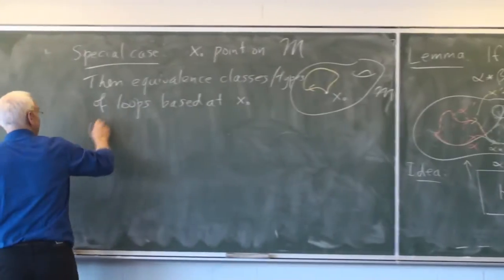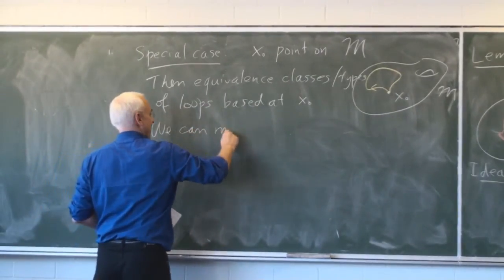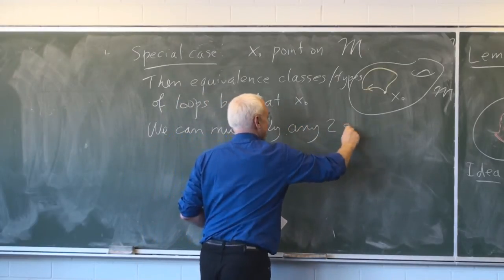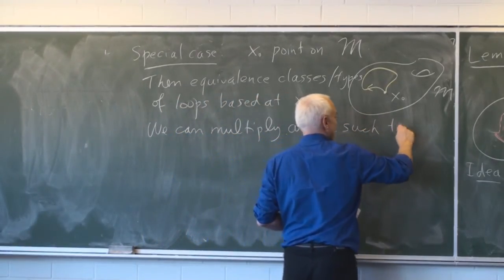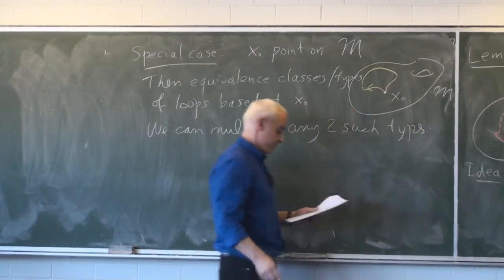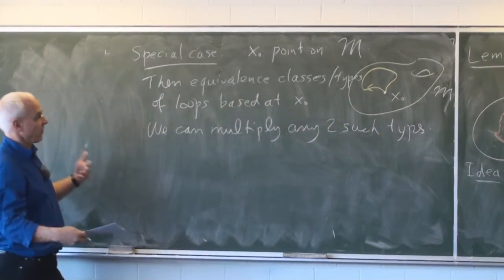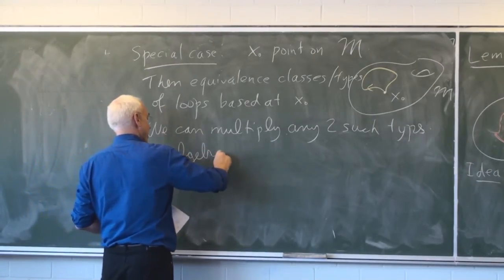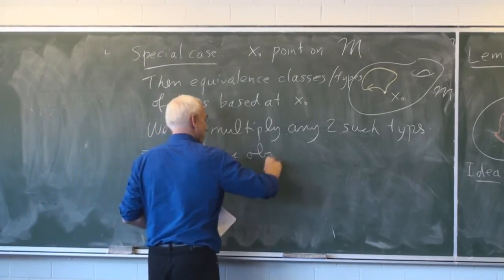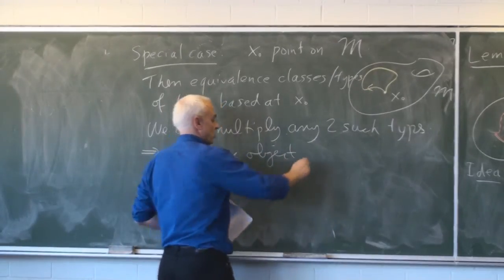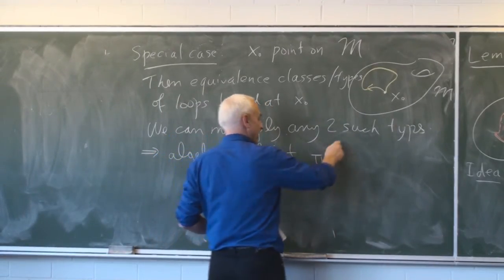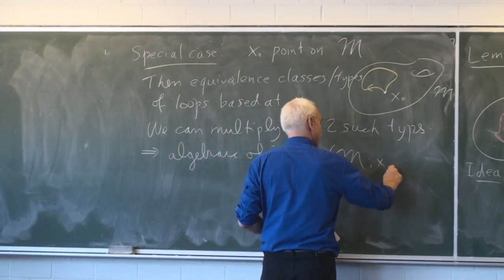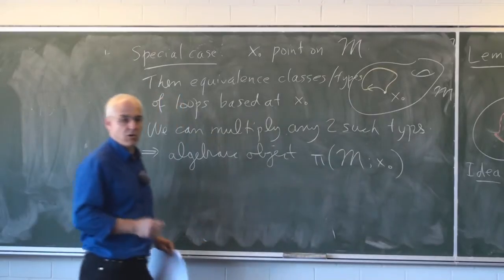So it means we can multiply any two such equivalent types. And that gives us an algebraic object, which is usually denoted pi of M. And just to put its dependence on x0, we'll put an x0 there.